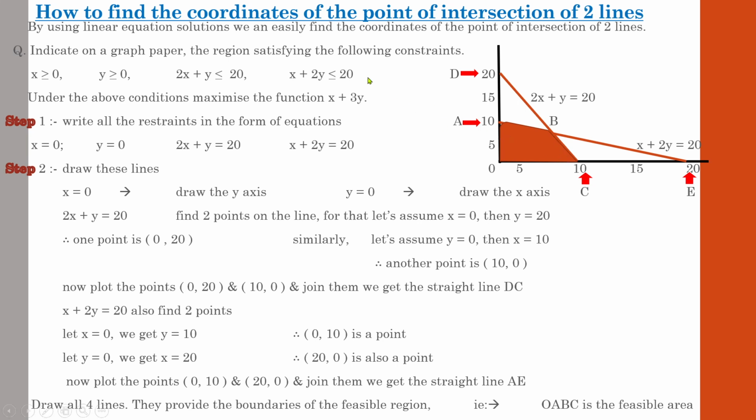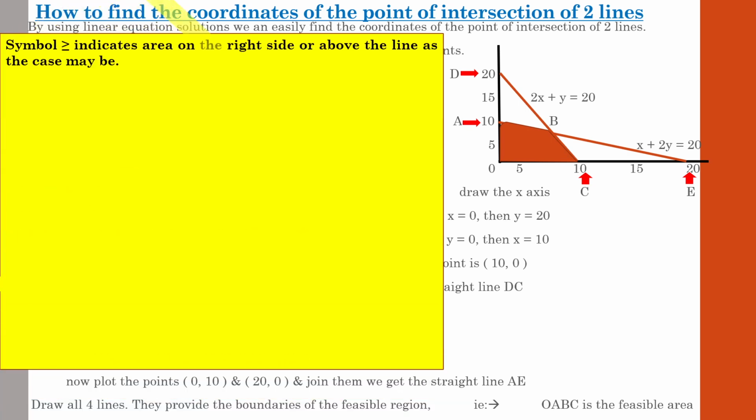I have mentioned that on the basis of the sign given, you will be drawing the feasible region above or below. So how to draw that? Remember that rule. When you come across a question where the constraints use the greater than or equal to sign, you need to indicate the area on the right side or above the line, as the case may be.